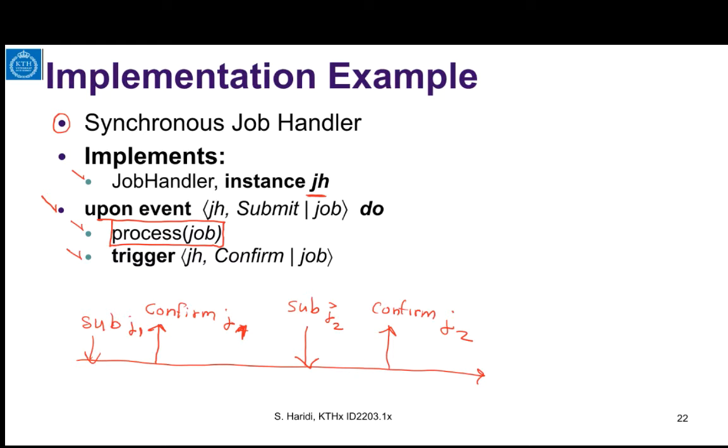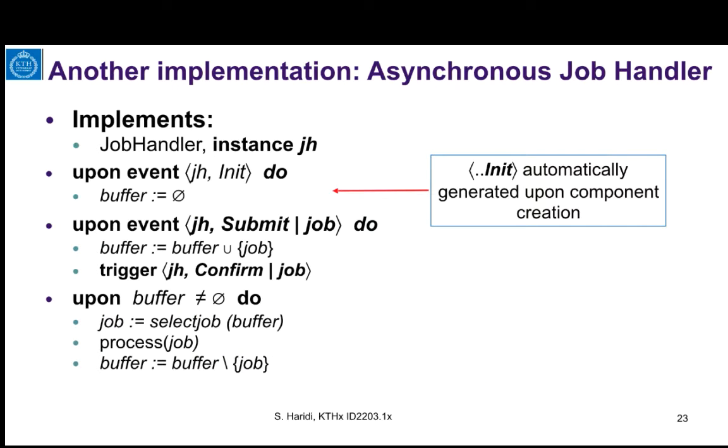Let us now look at another implementation. This was a synchronous implementation. Let's have a look at an asynchronous implementation, the asynchronous job handler. This is interesting because now we have an implementation of a job handler with a different algorithm that still satisfies the specification. Still we have an instance AH.